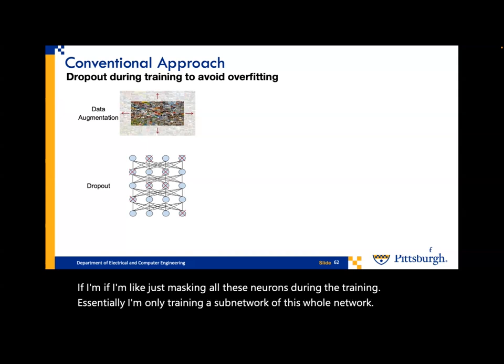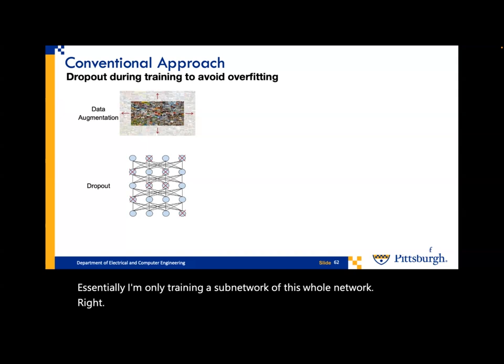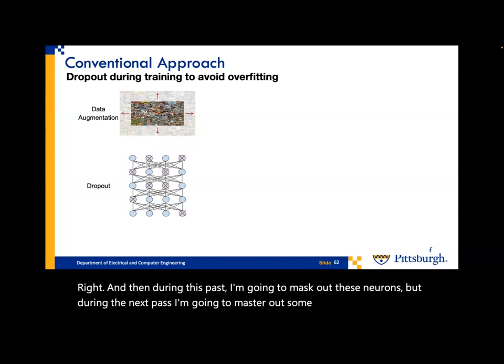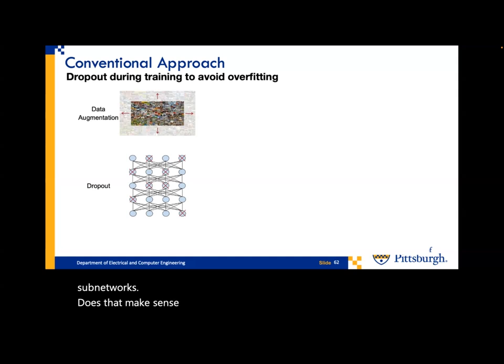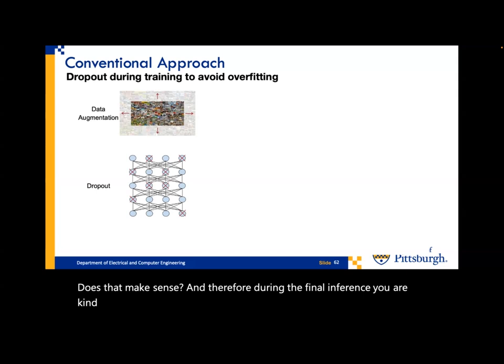During this pass I mask out these neurons, but during the next pass I mask out other neurons. So in different passes you are training different subnetworks. Does that make sense? Therefore, during the final inference, you are kind of doing an ensemble of multiple subnetworks.